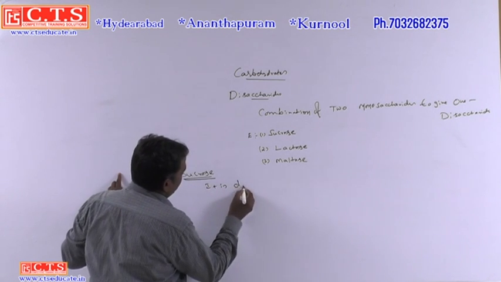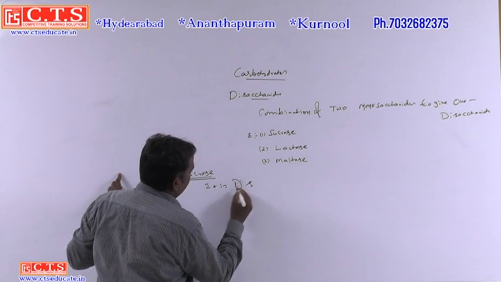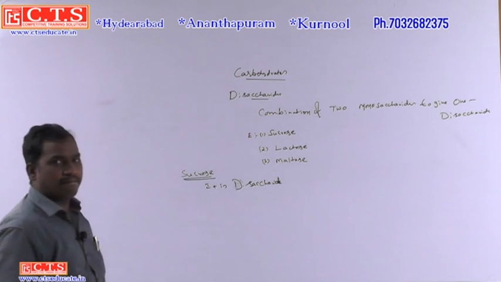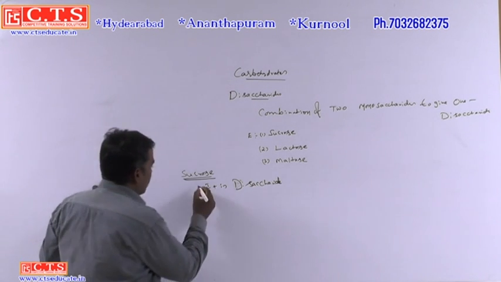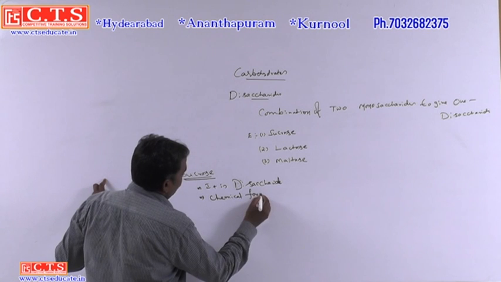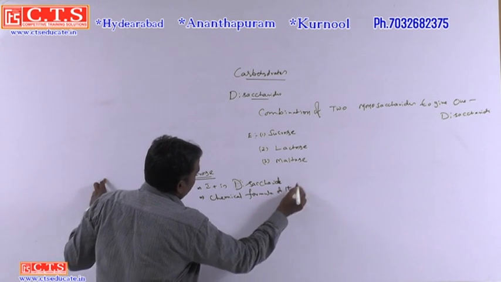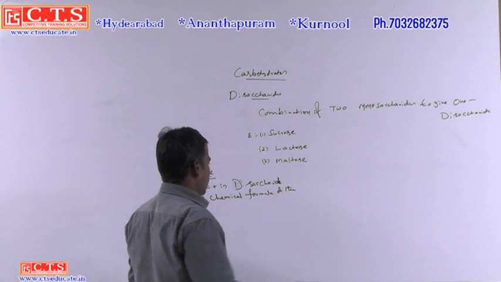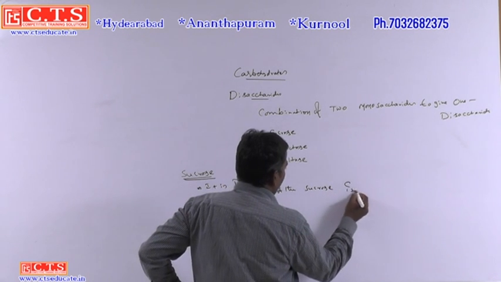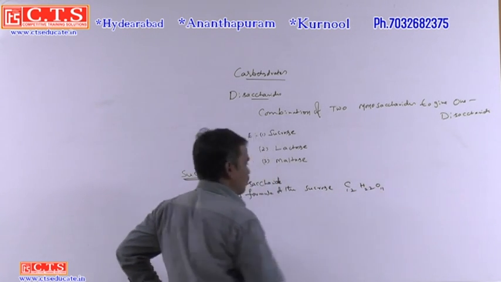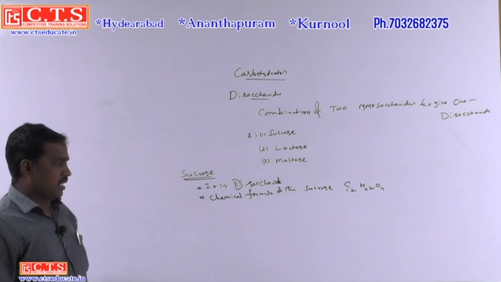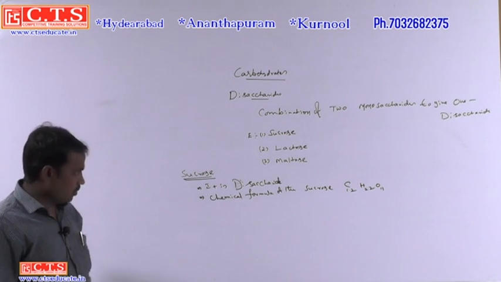Next is the chemical formula of sucrose: C12H22O11.